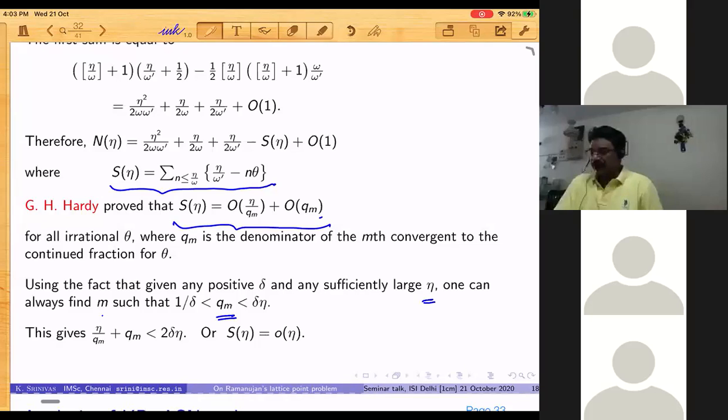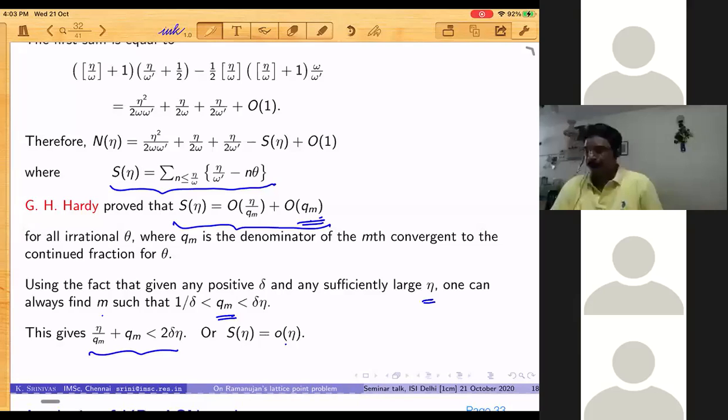But you see that eta by Qm plus Qm is less than 2 times delta eta. Therefore, S of eta is bounded by little o of eta because delta is an arbitrarily small positive number. So this is how Hardy got the error to be little o of eta. A little bit more analysis, a judicious choice of this convergent Qm, allowed him to show that it is in fact little o of eta by log eta.